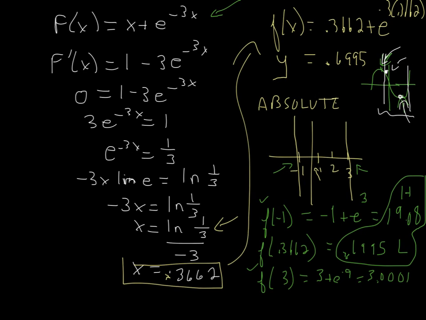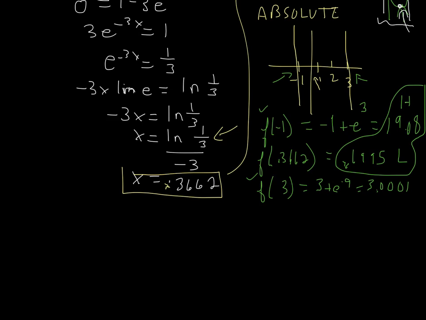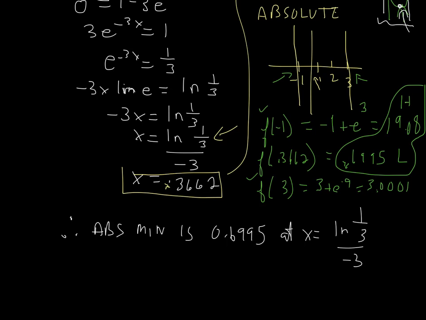And so now I can say, therefore, the absolute minimum is 0.6995 at x equals ln of 1/3 over negative 3, and the absolute max is 19.08 at x equals negative 1.